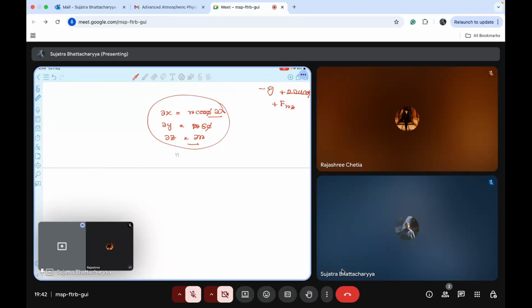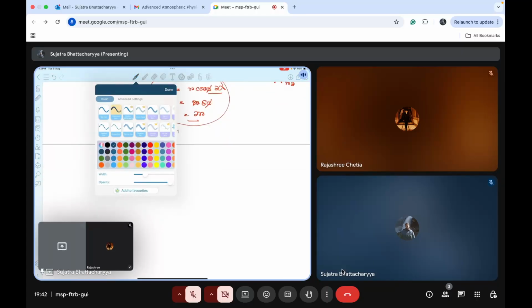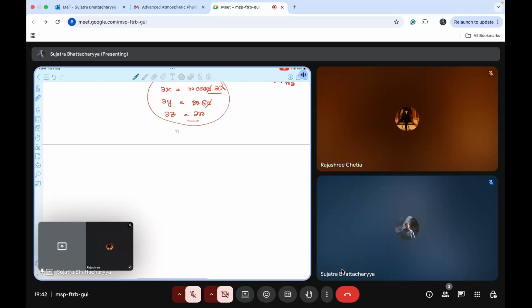So I think this is good enough. One more thing is the mass continuity equation. In the mass conservation, this is the last topic I will cover right now. There is a lecture based on the Eulerian approach and the Lagrangian approach.